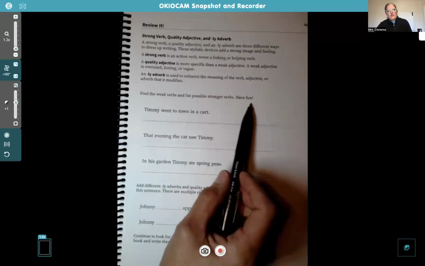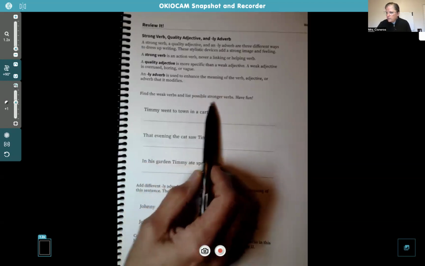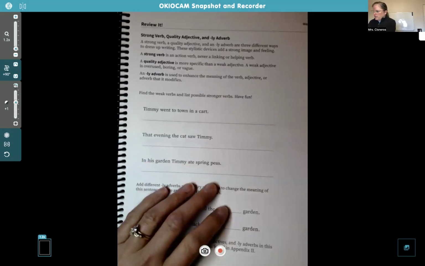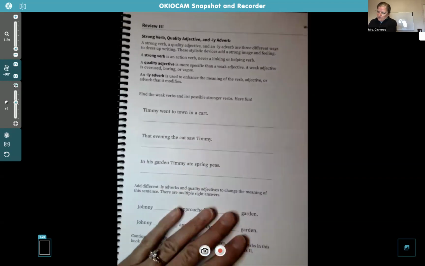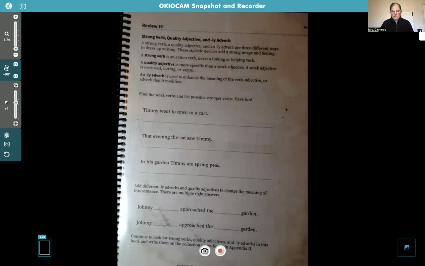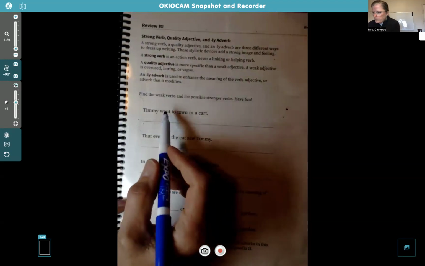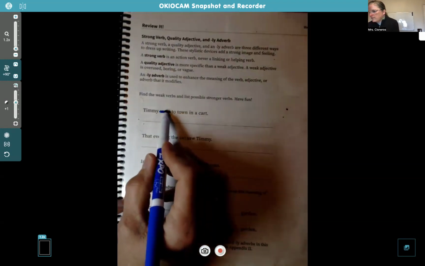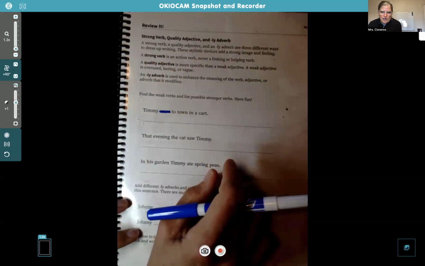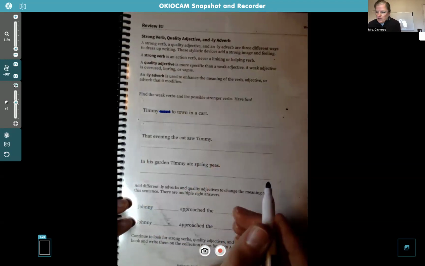In this activity here on page 127, it says find the weak verbs and list possible stronger verbs. So I'm going to have you just basically decide on your own. Looking at the first sentence there, Timmy went to town in a cart. So went is the weak verb. So just draw a line through it. And above that, another way to say that would be Timmy rode to town in a cart.